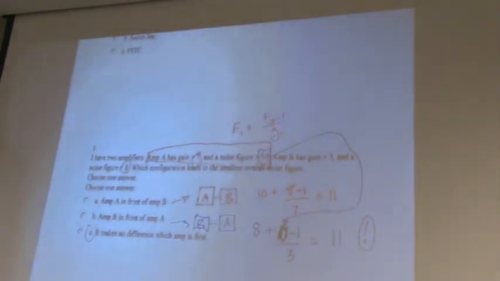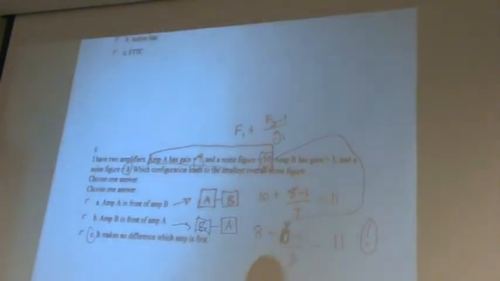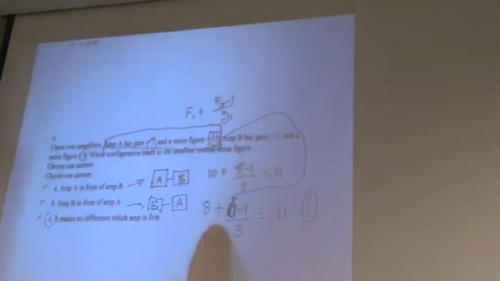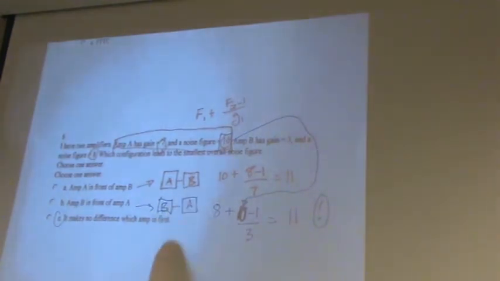A lot of us are used to thinking, okay, a preamplifier, that's my low noise amplifier, I put that one in front. That's true if they both have the same gain, right? But here, it wasn't so clear. So when in doubt, work it out, all right?